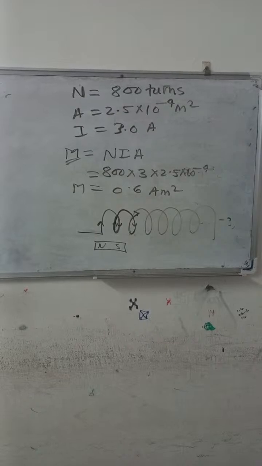The variation of intensity of magnetization I and applied magnetic field intensity H, capital H, for three magnetic materials X, Y and Z, are as shown in the given graphs.